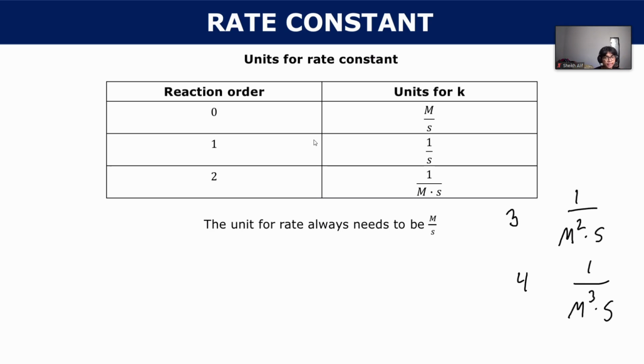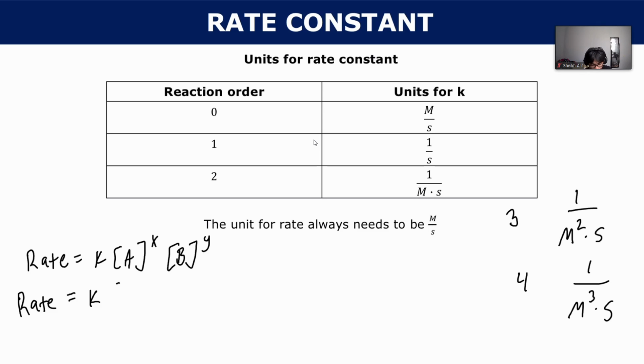It kind of makes sense why it would be like this, as long as you realize that the unit for rate needs to be molarity over seconds. So think about what rate is. Rate is going to equal k times the concentration of A to the x times the concentration of B to the y. Let's say our reaction order is 2, and we split it up like there's a coefficient of 1 on the A and a coefficient of 1 on the B. Well, that bit is going to come out to molarity squared.